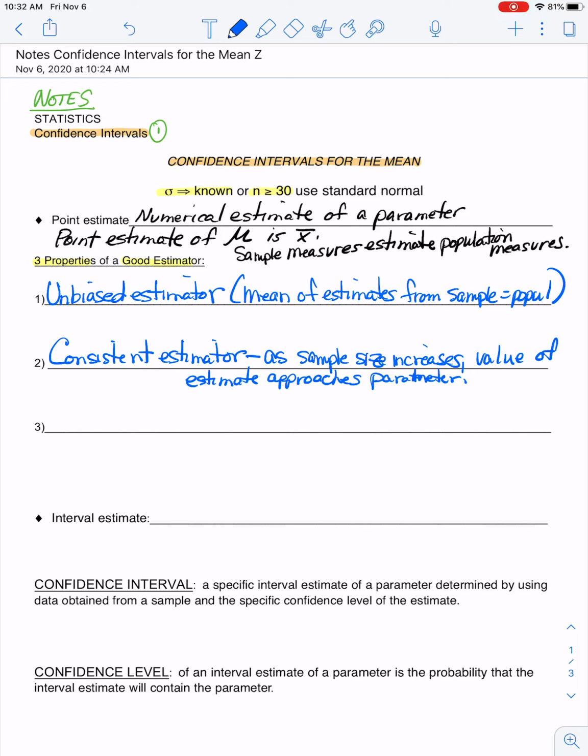So as the sample size gets higher, the value of your estimate, the sample mean, or whatever it is you're looking at, gets closer to the population mean, is what we're saying.